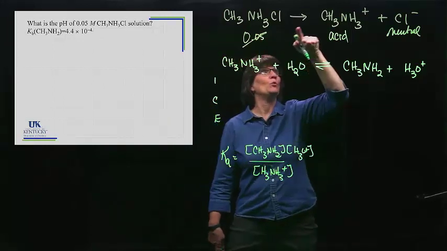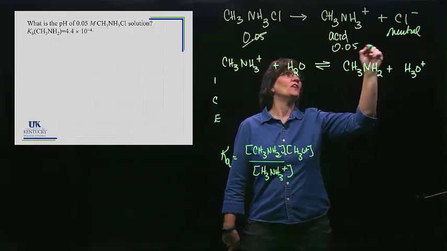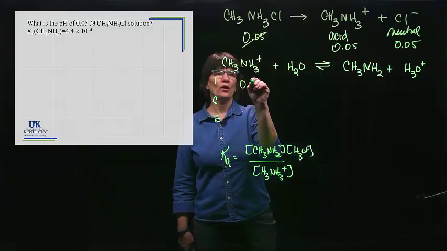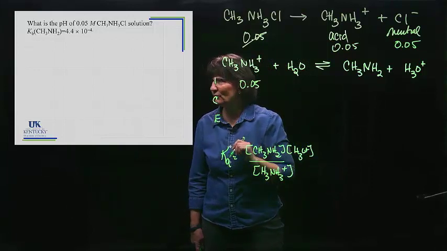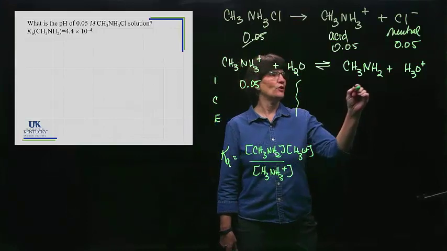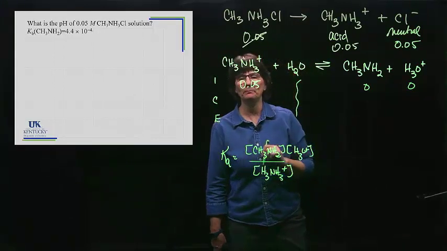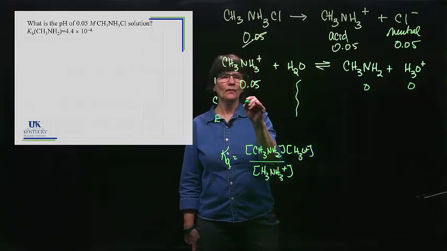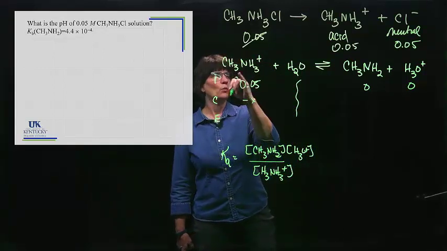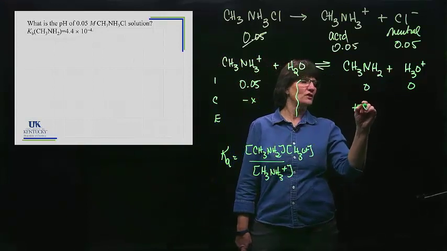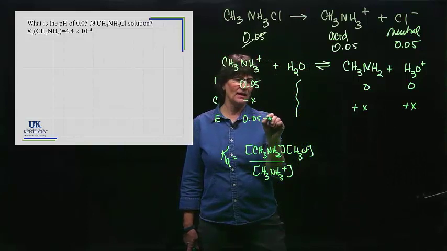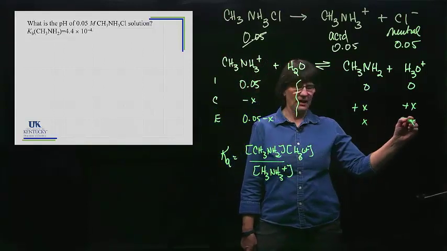That goes away in one-way arrow, gives me this much of the 2 ions. So this is 0.05. Do I have any other zeros? Nope, I don't. Lots of water, don't care about it because it's not in my equilibrium, and some zeros. Now it's going to produce some of these, so it's going to use this up. The 1 to 1 to 1 coefficients means I have 0.05 minus x, x, and x.